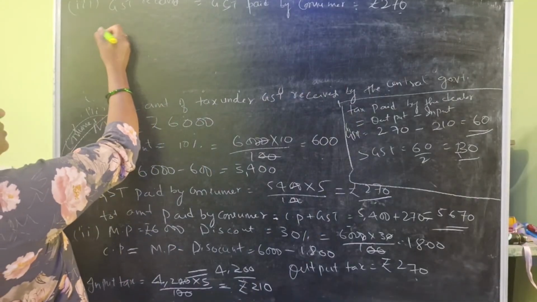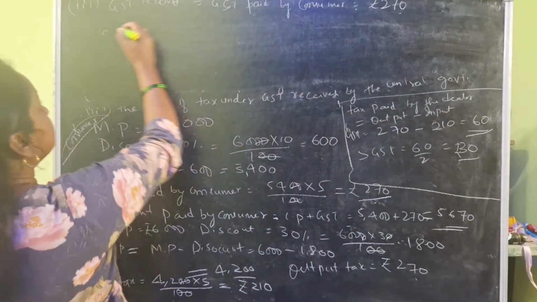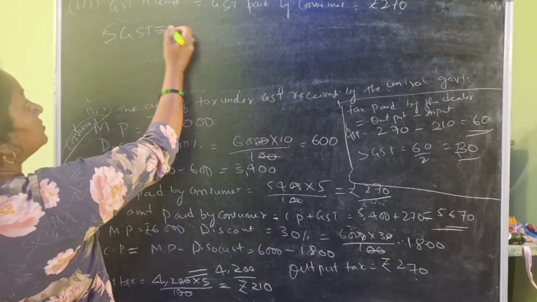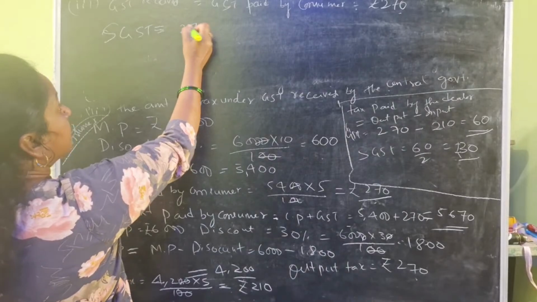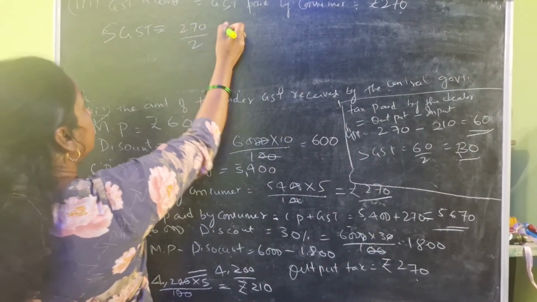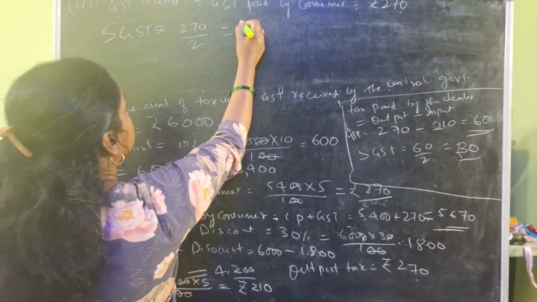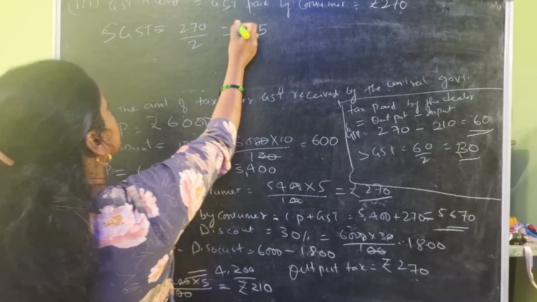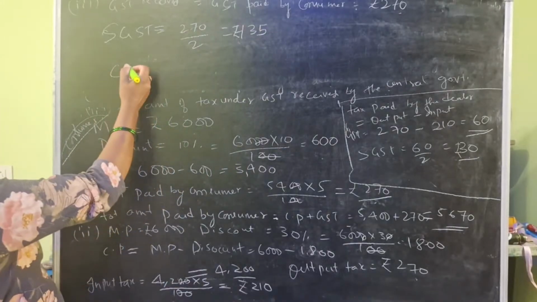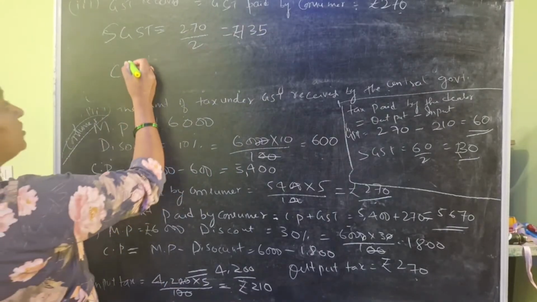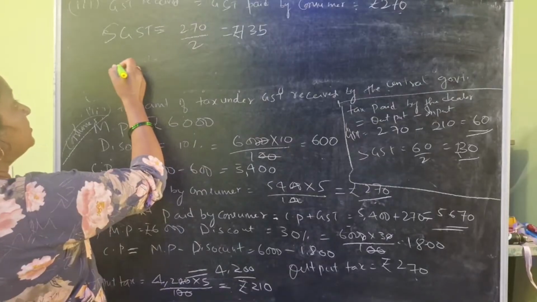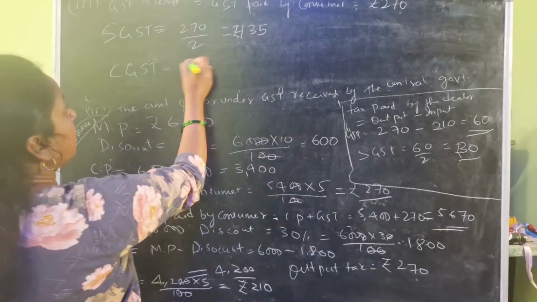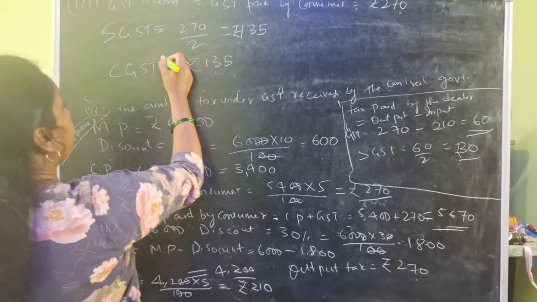So this is the GST amount. SGST is equal to half of GST, that is 270 divided by 2, which is equal to 135 rupees. If SGST is 135, then CGST is equal to rupees 135.